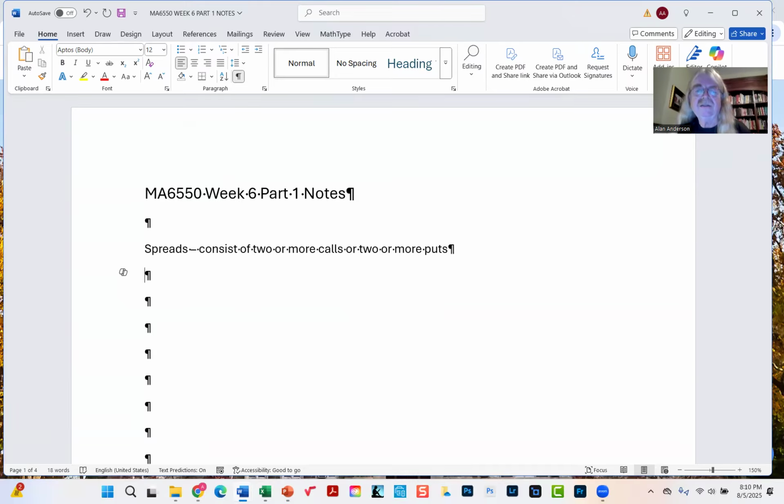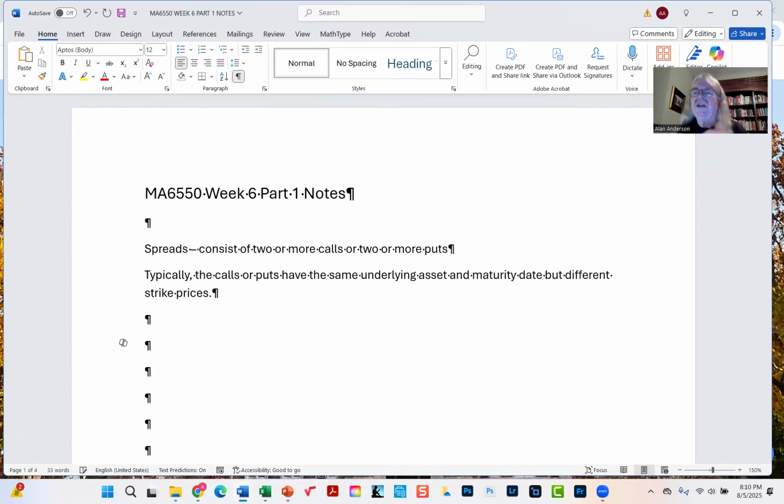Now, obviously it wouldn't make any sense to simply buy two of the same call or two of the same put. So what this means is that they're going to need to be different somehow. Typically, although not always, the calls or puts have the same underlying asset and maturity date, but most likely they'll have different exercise or strike prices.